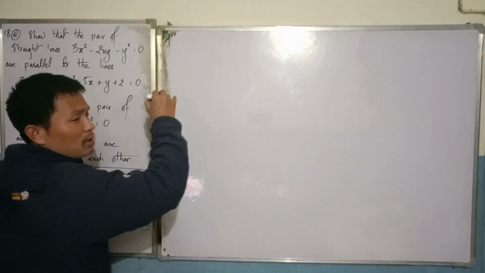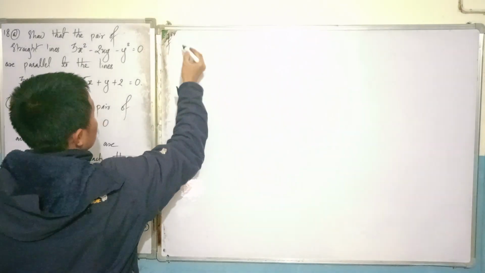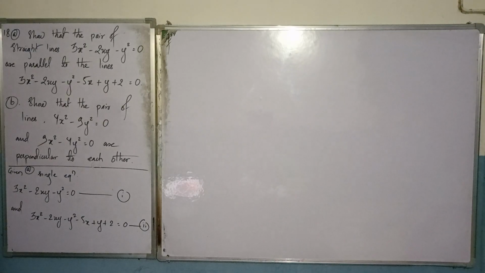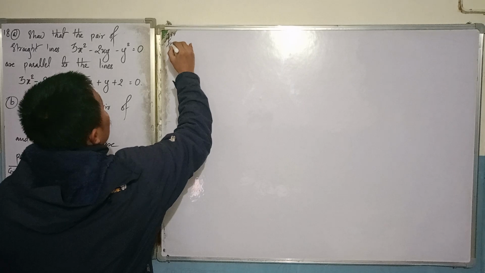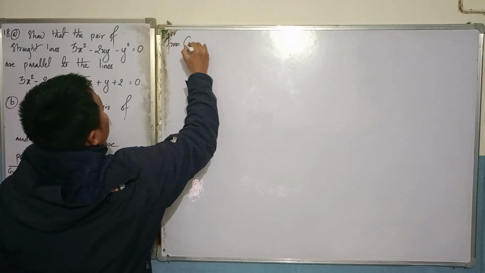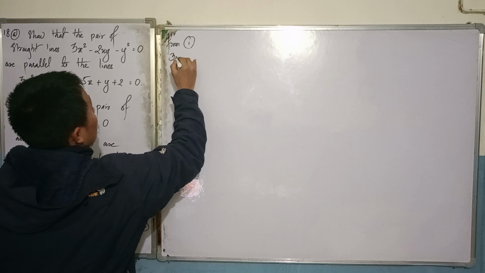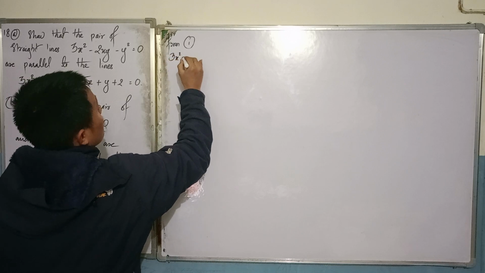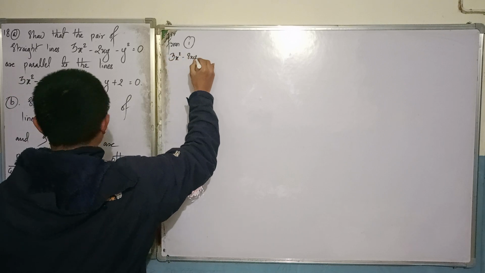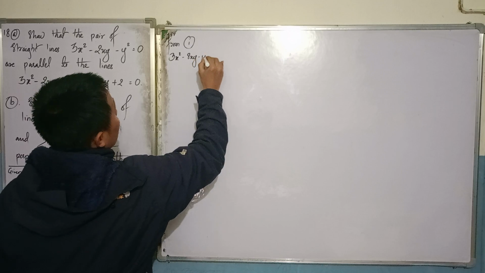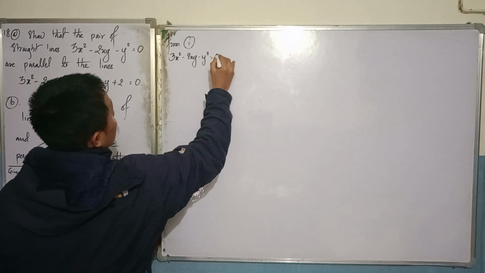I'm trying to write with very small writing here because it will be linear. From I we have 3x squared minus 2xy minus y squared is equal to 0.